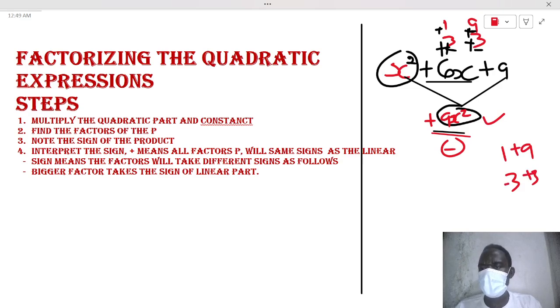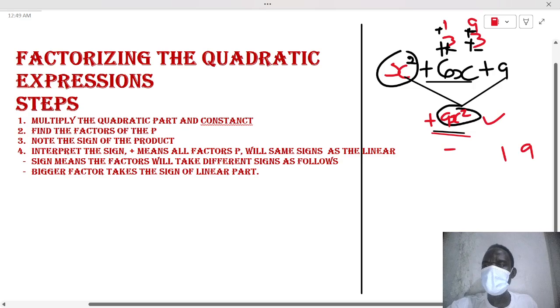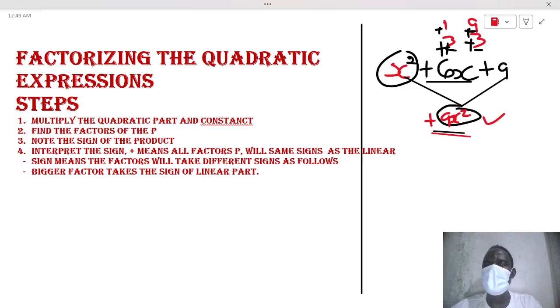But that's not the case here. Since the product is positive, all the factors take the sign of the linear part, which is positive: positive 1, positive 9, positive 3, positive 3. Then you determine which pair gives the linear part.